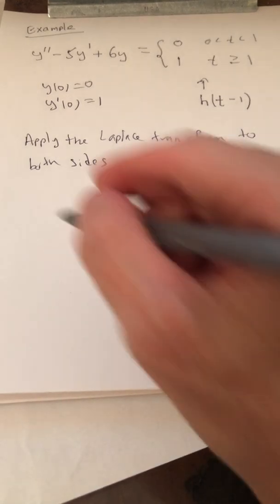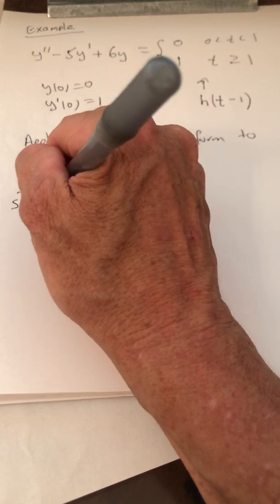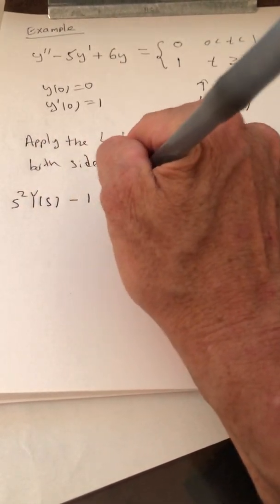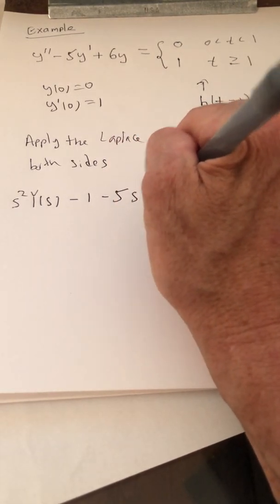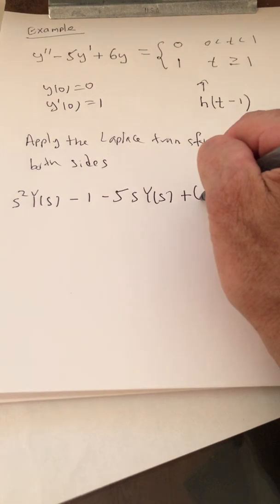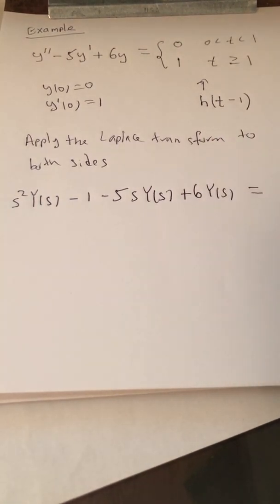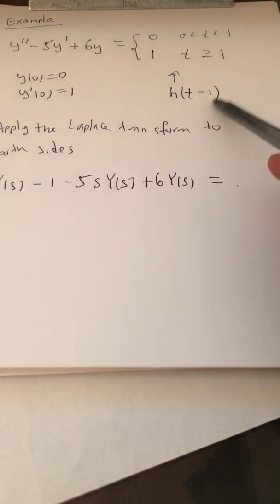And if we do that, we get s squared times big Y of s minus 1 minus 5s times Y of s plus 6 times Y of s equals, now on the right hand side you have to recall what happens when you take the Laplace transform of the unit step function.